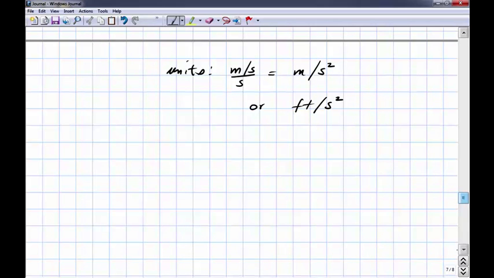Now let's introduce an example that illustrates the concept of acceleration.